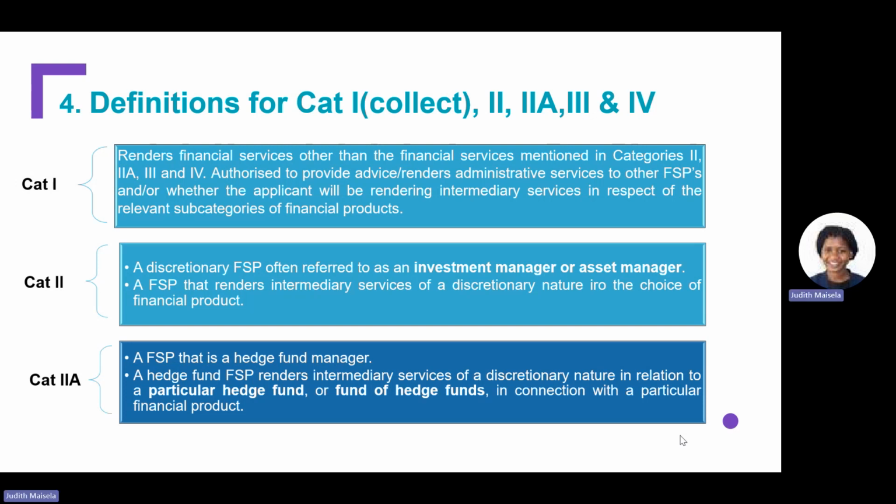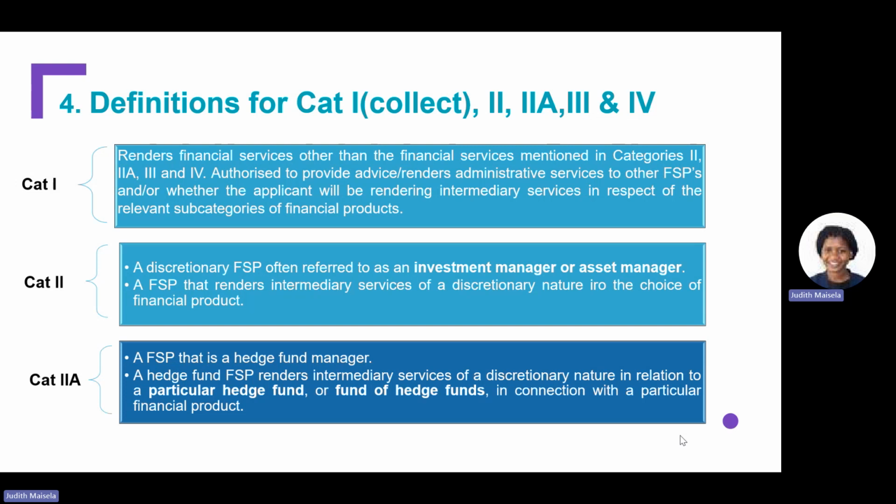And then we also have a category 2 FSP, and this is a discretionary FSP, which is often referred to as an investment manager or an asset manager. So this is an FSP that renders intermediary services of a discretionary nature in respect of the choice of the financial product. We also have a category 2A, and this is a hedge fund manager.